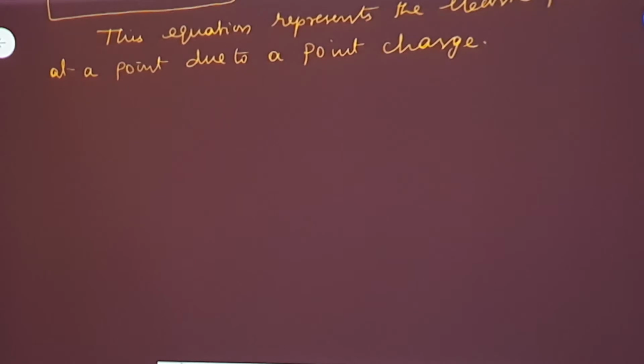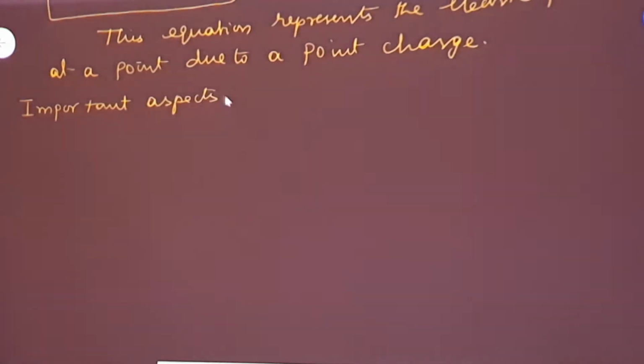Now, we have to get some of the important aspects of this potential. So, let us consider the next format, that is, important aspects of this potential. What are the important aspects?